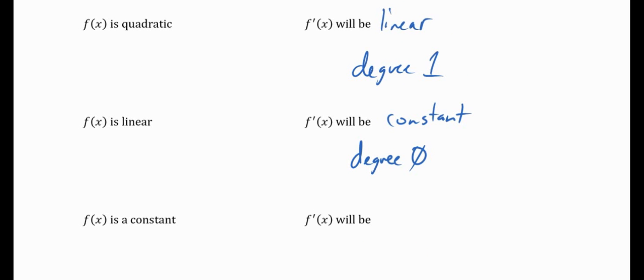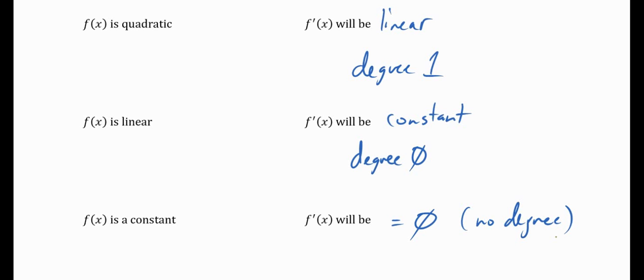And then if f(x) is constant, so degree 0, f prime will be equal to 0, which has no degree. We don't really talk about the constant 0 having a degree. This is not an important detail for right now, at least, but you could take the derivative of a constant and you would get 0.